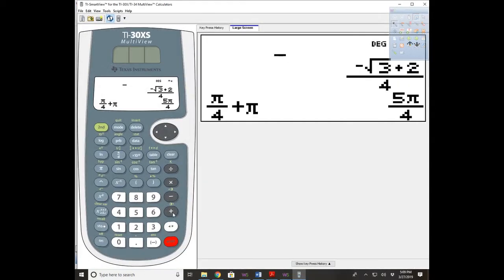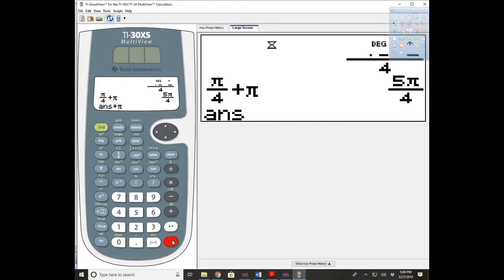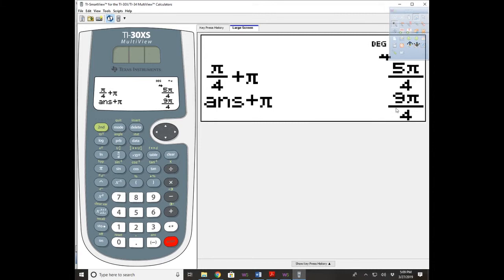And then I'm going to add another pi. Now I'm at 9 pi over 4, but the biggest number we could get would be 2 pi, and even that's too big. We don't include the 2 pi. So that is bigger than 2 pi, because 4 goes into 9 2 times with 1 left over, so it's actually 2 1/4. So we don't want to go bigger than that.